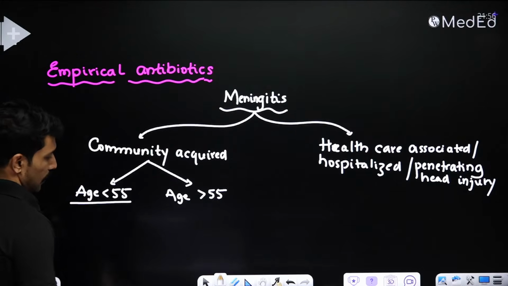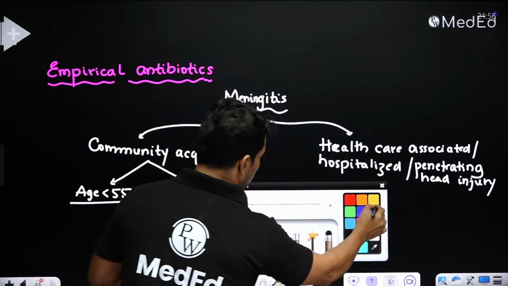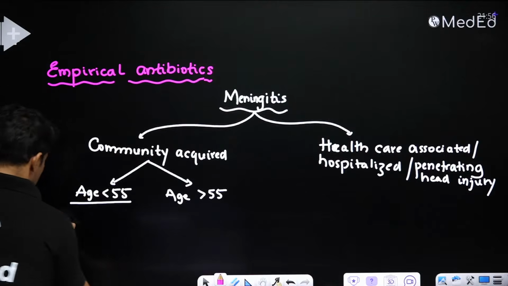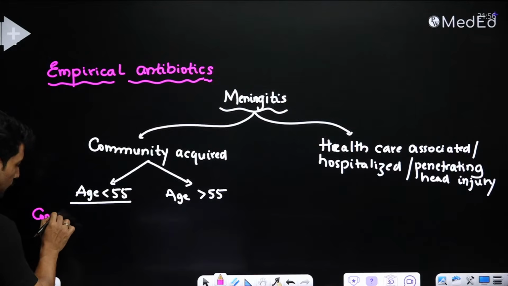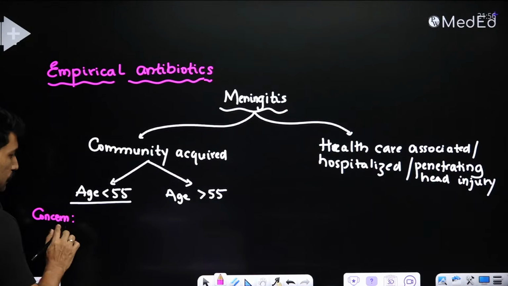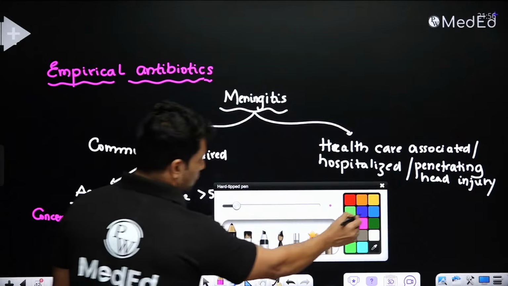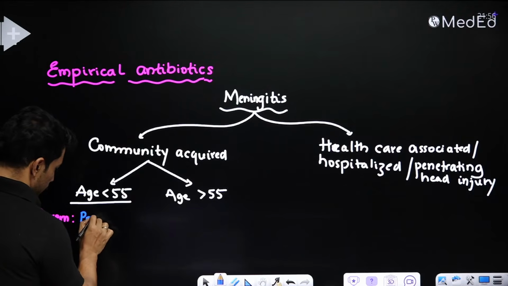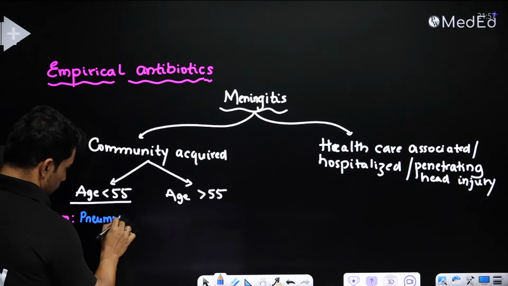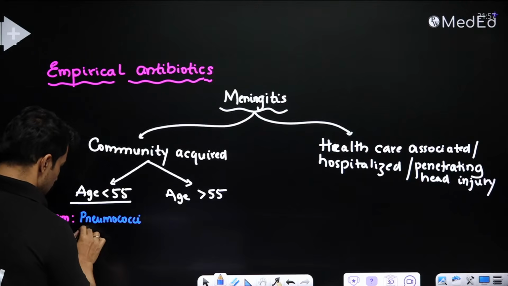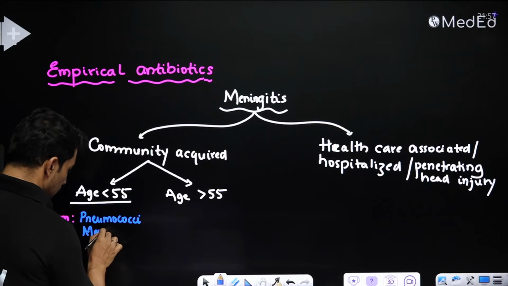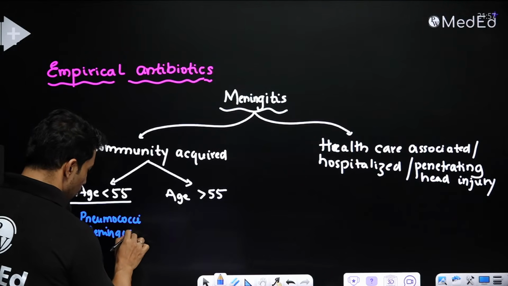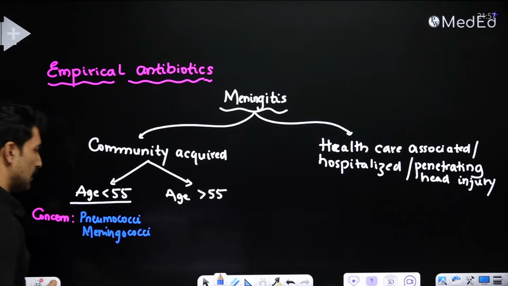In an individual aged less than 55 years, what are the organisms of concern? The most common cause of bacterial meningitis is pneumococci. Second most common is meningococci, Neisseria meningitidis, and these two organisms are covered by ceftriaxone.